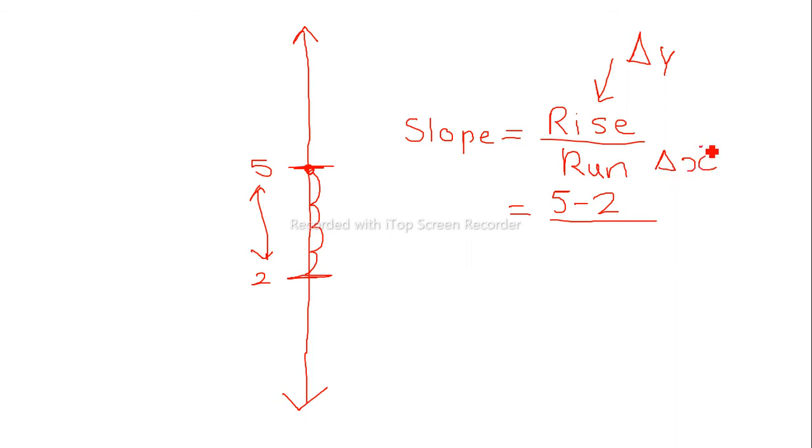Now if we have a straight line going up and down, did it go across? No, sir. It has no run. So its run is 0. We have 5 minus 2, which is 3, divided by 0. Now put this in your calculator. Put 3 divided by 0 in your calculator.